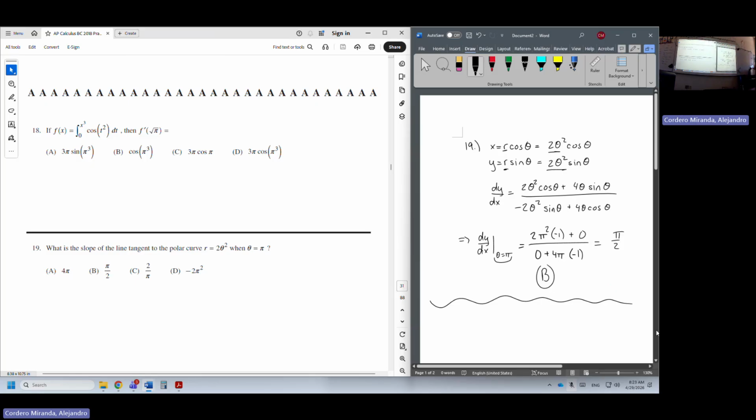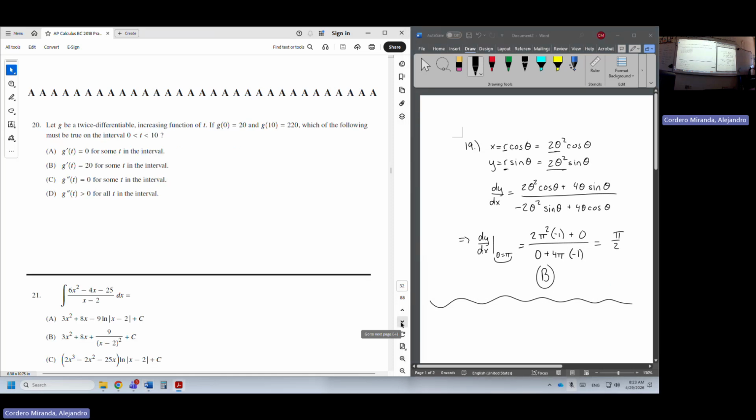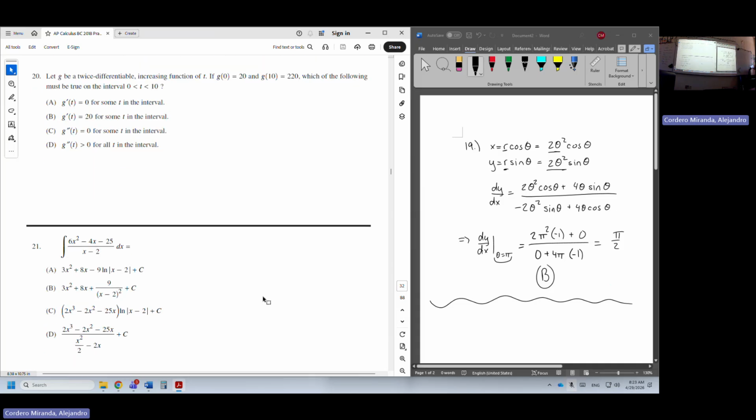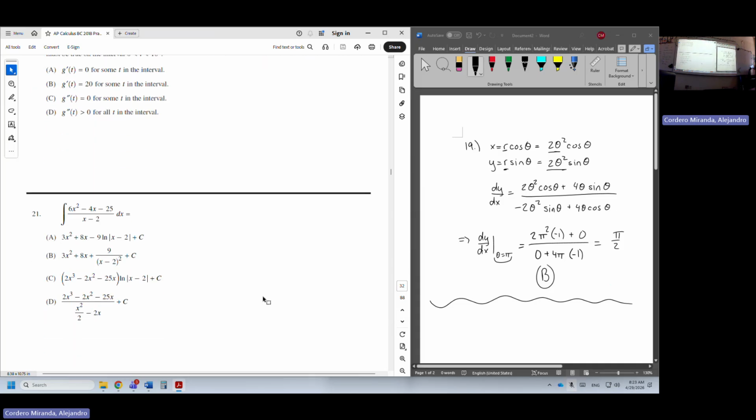All right, next BC only one. Twice differentiable, which of the following is true, G prime, G double prime, not BC. This, with the Earth, I think this will be long division. Right?